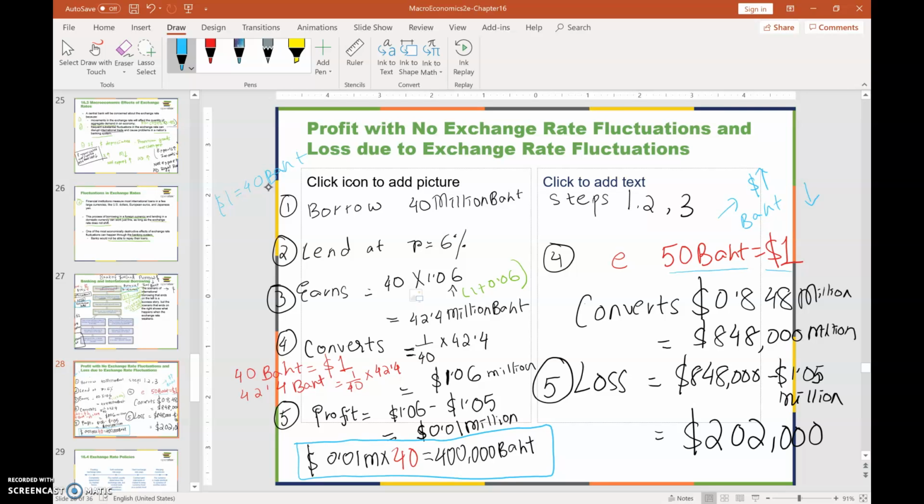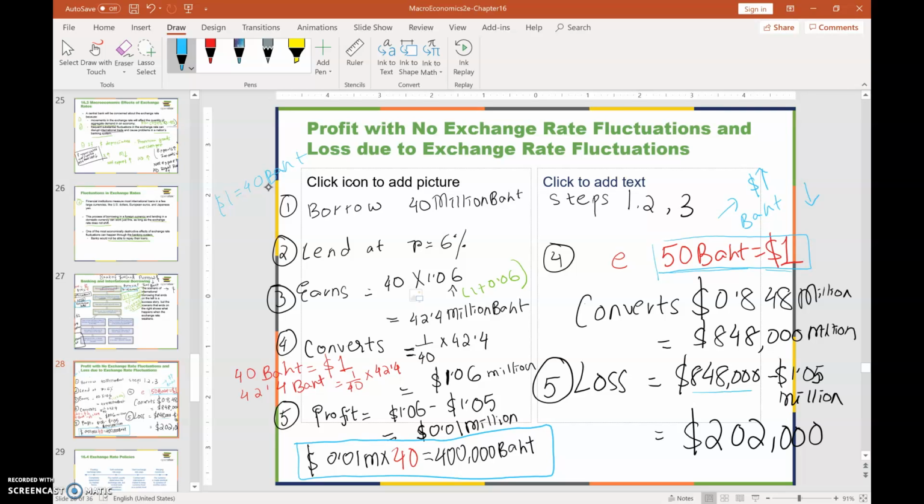Now they are going to convert, step number 4. They are going to convert this 42.4 million baht using the exchange rate, which is $1 is equal to 50 baht. After converting, they end up with 0.848 million dollars.